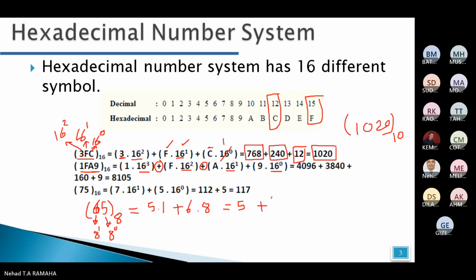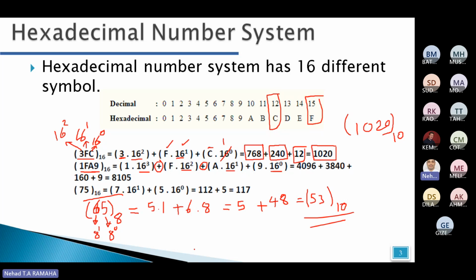So it's 5 plus 48. So it's 53. This is in the decimal system, our numbering system, and this in octal.